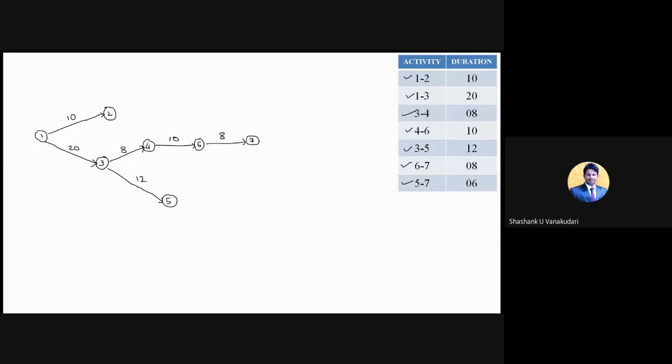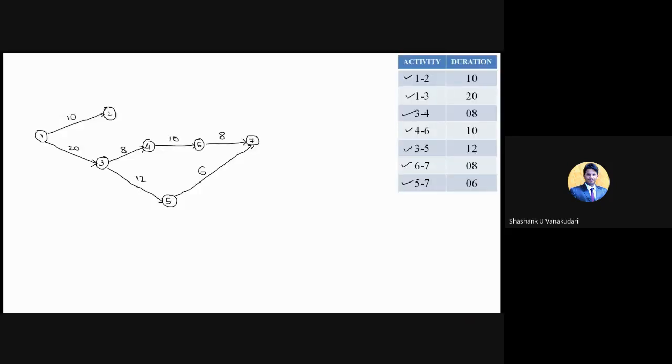So I can join 5 to 7 in this way, and the total duration is 6 here. So see here, as per the conditions, till now we have done it.